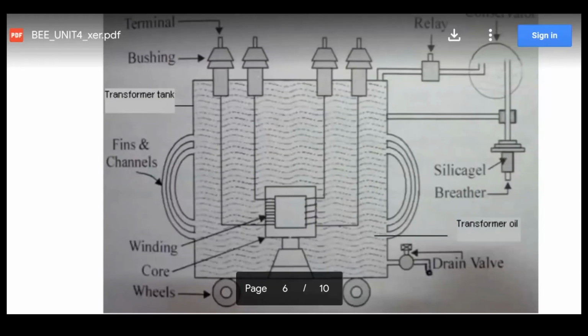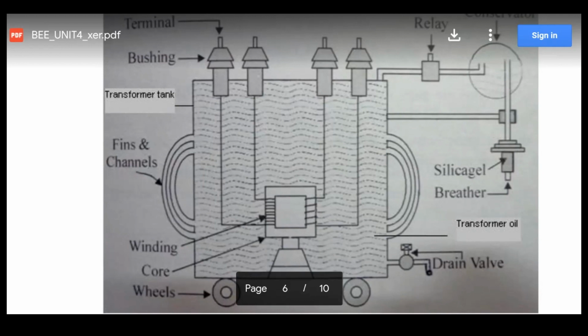Okay, so transformer oil prevents the flow of current from the transformer core to the transformer tank. Also, since these windings are connected to the core, if a large current is there, it can also damage the transformer core.